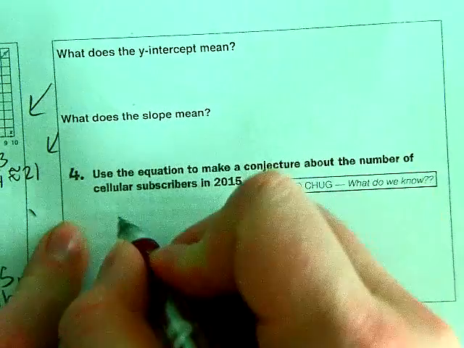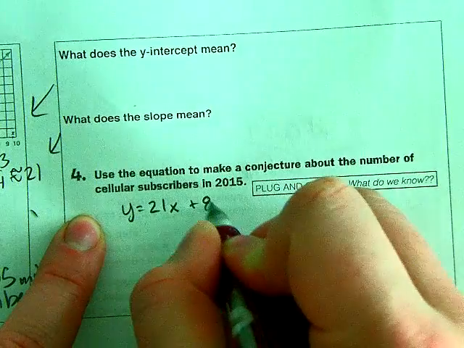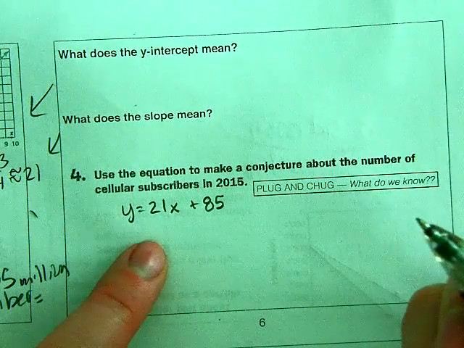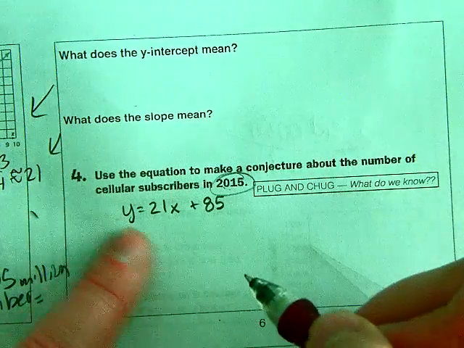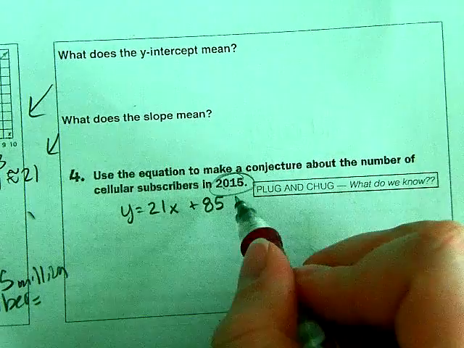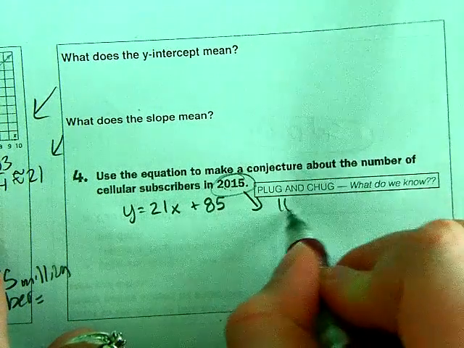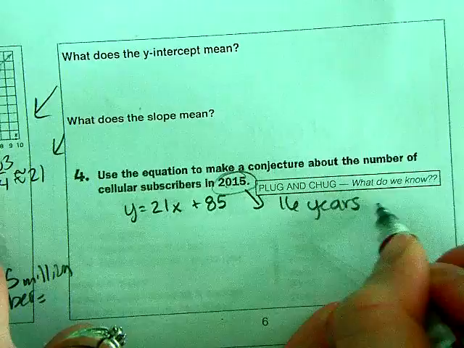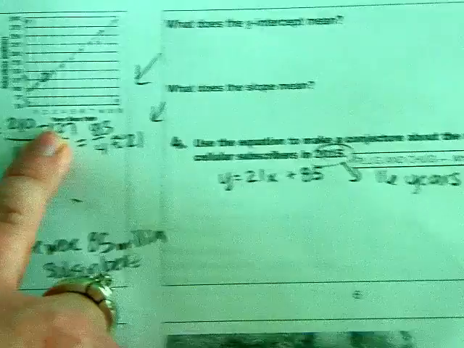Okay, so our equation was y equals 21x plus 85. All right, so we need to know in how many years in 2015 the amount of subscribers. So if we're talking about years since 1999, this is 16 years past 1999, and that label is on my x coordinate, so that's my x.